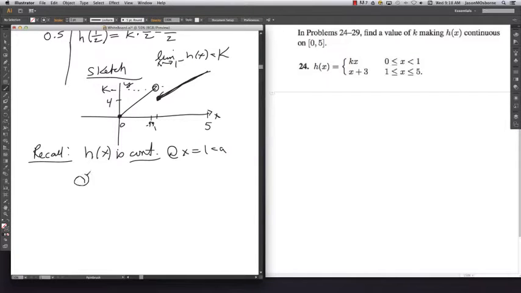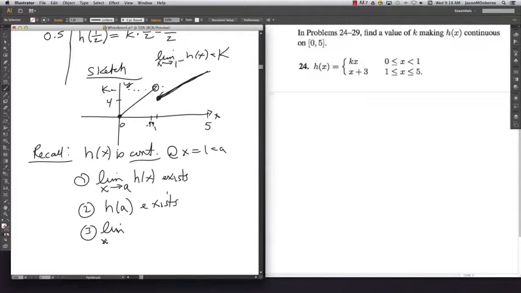If three things happen: 1, the limit as x goes to a, in this case a is 1, of this function h of x exists. 2, the function is defined at a, the function value exists. And 3, the limit that you find equals the function value.